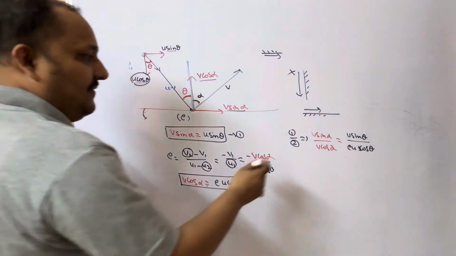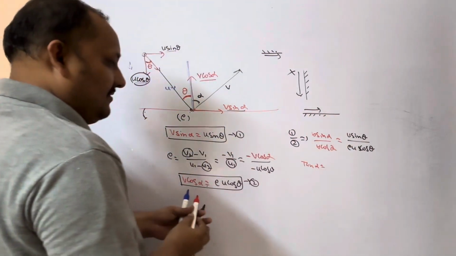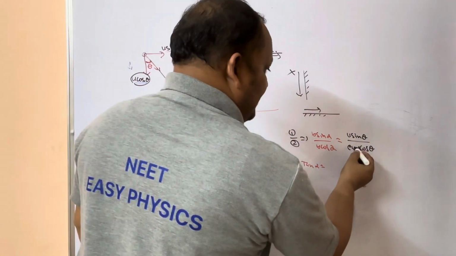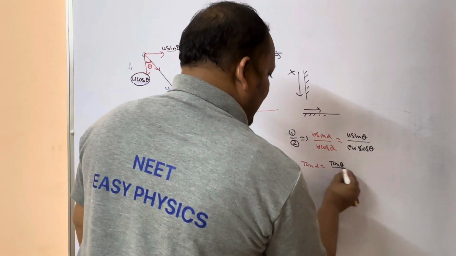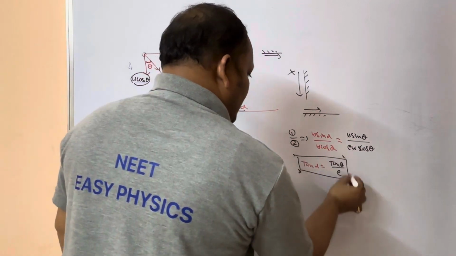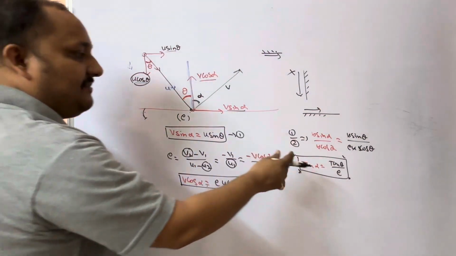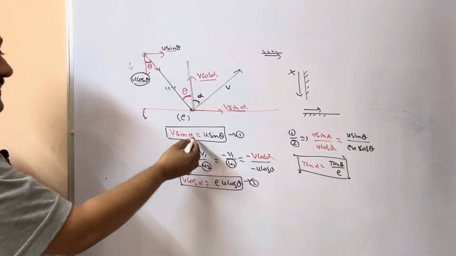If you cancel u and u, tan alpha is equal to sin theta by cos theta, so tan theta by e. This is the important equation. We give the derivation because sometimes we cannot use this equation directly, and at that time this will be helpful for you.